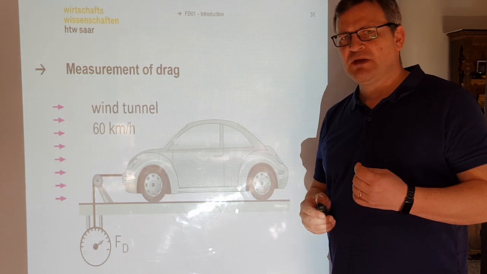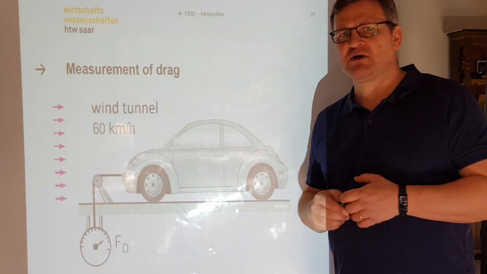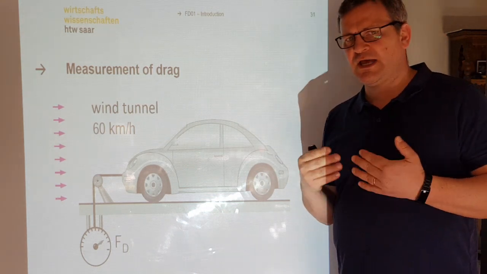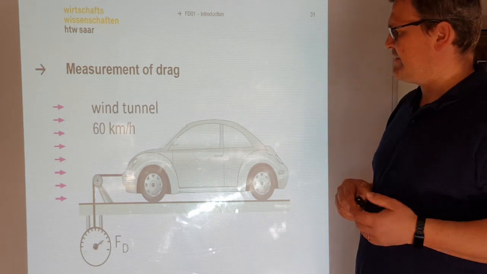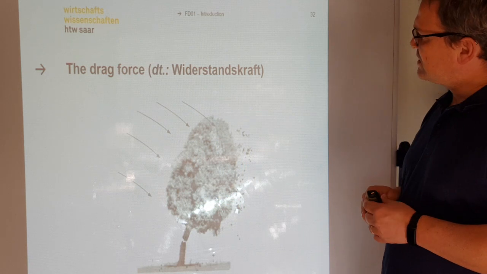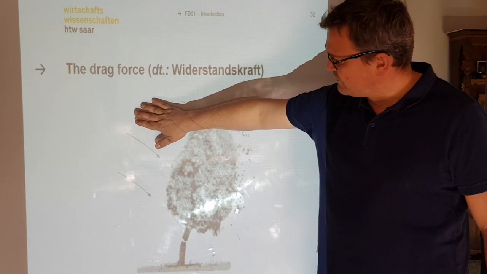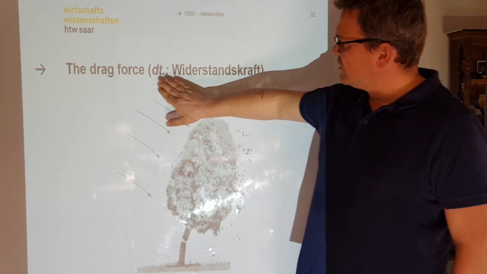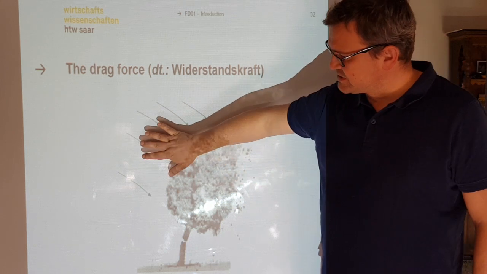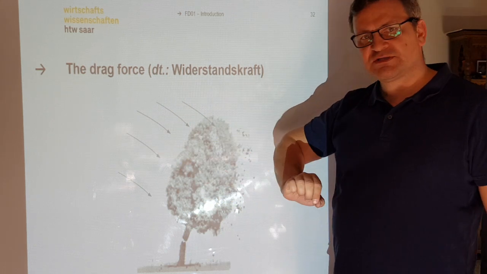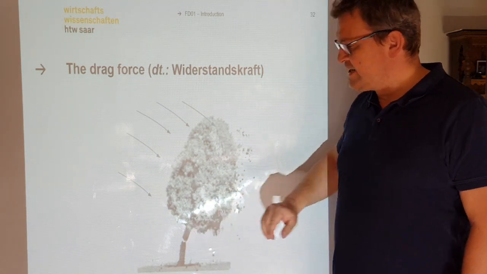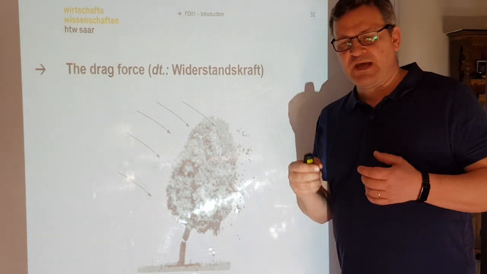If you ever heard about hurricanes or great thunderstorms, then you know the forces of the fluids can be really high, and they can damage houses or objects. For example here, depending on the wind velocity, we have a so-called drag force, and this drag force acts on this tree, and if the drag force is too high, like in a thunderstorm or in a hurricane, you can break the tree and damage it.